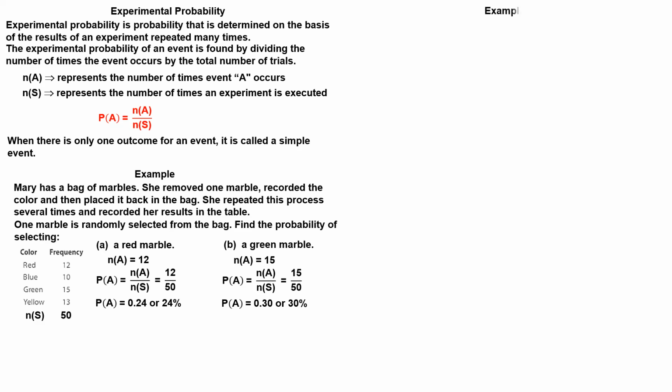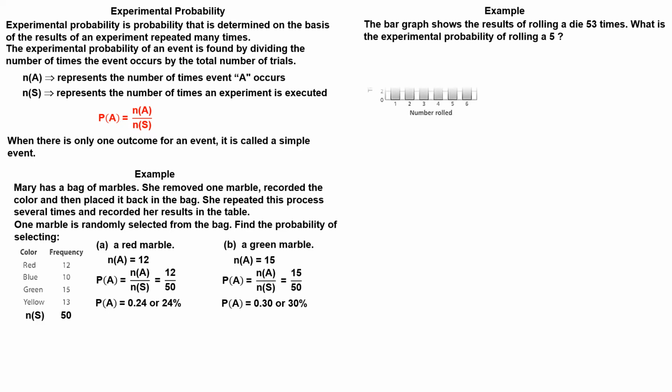Example. The bar graph shows the results of rolling a die 53 times. What is the experimental probability of rolling a 5? Look at the graph. The number of times this experiment was executed is 53.